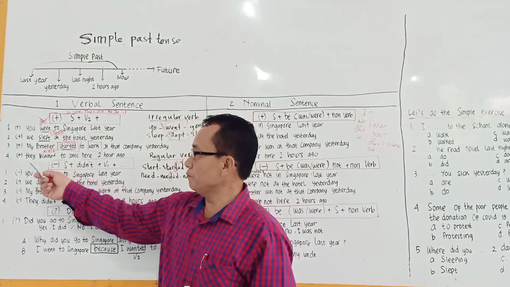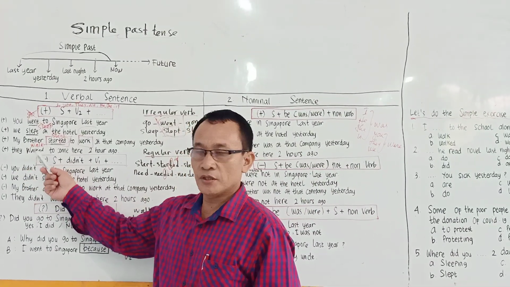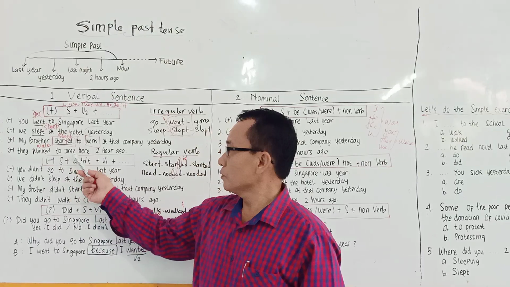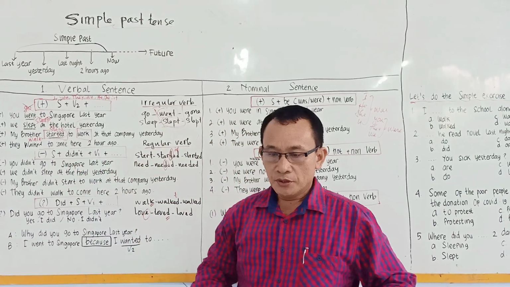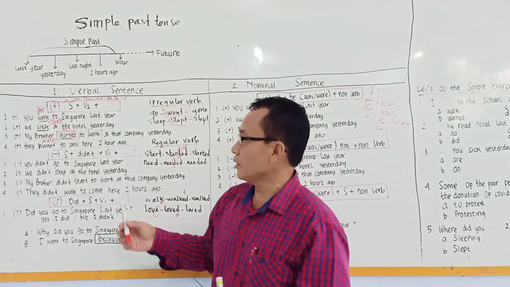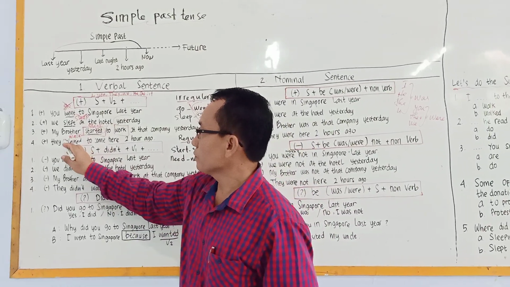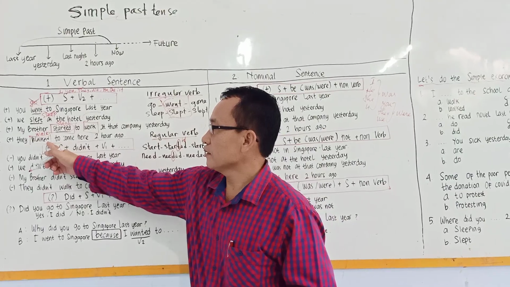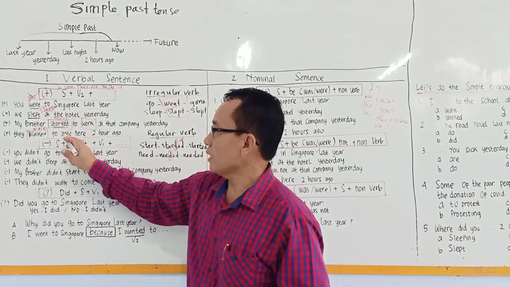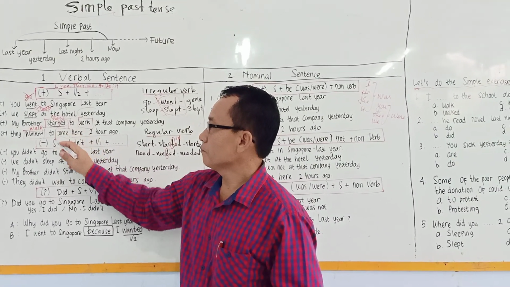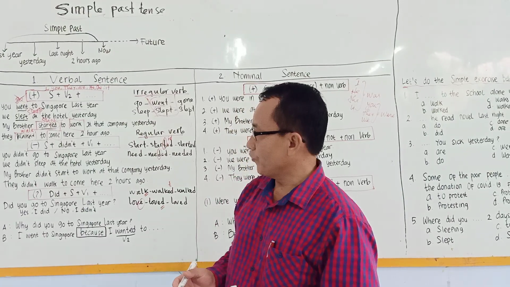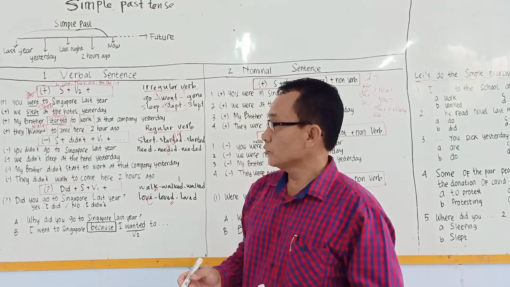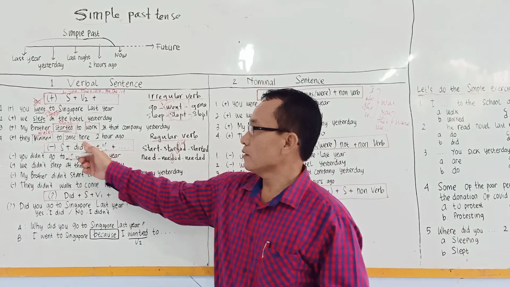Number 4, they walked to come here 2 hours ago. Walked plus ed. Come is the base form, or verb 1, to plus base form.